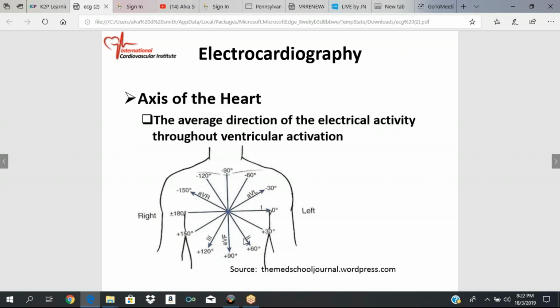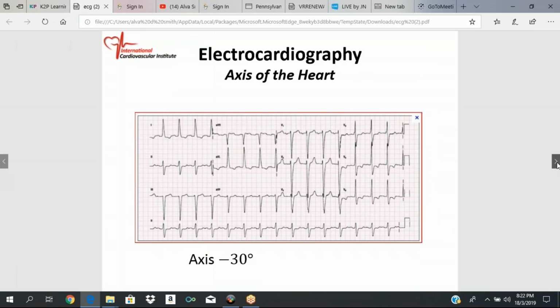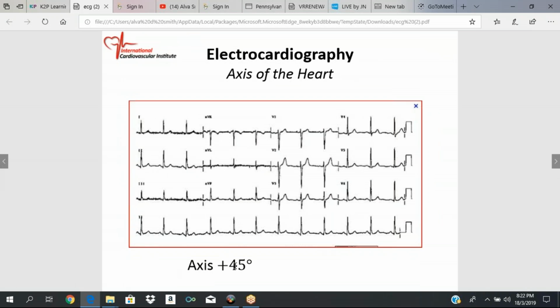Lead 2 was positive, so positive lead 2 subtends an angle of 60 degrees. So this is 60 degrees. So again, you look in your limb leads for the most isoelectric, meaning the upper portion should equal the lower portion.